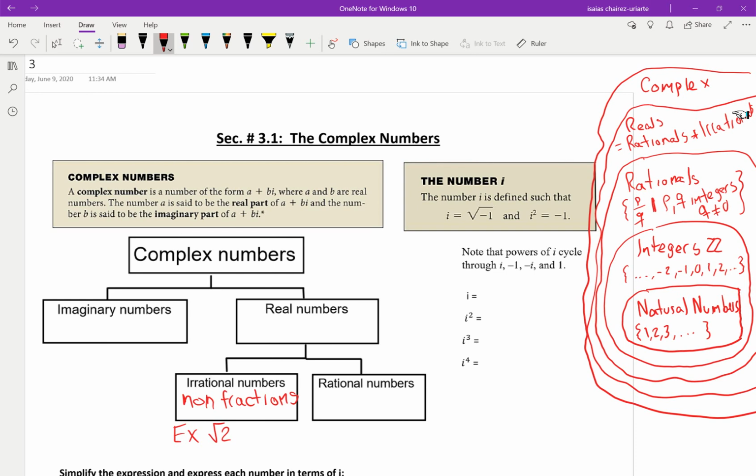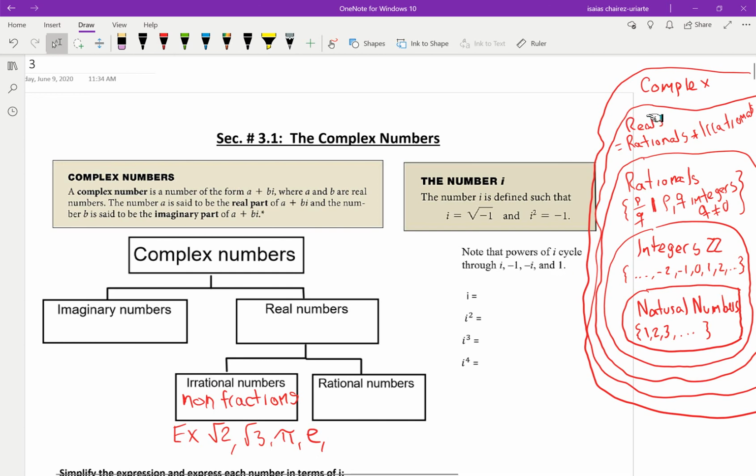It's a decimal, but you cannot express this decimal as a fraction. Also the square root of 3, pi, e. You might have heard about these types of numbers. These are called irrationals. So the irrationals are decimals that cannot be expressed as a fraction.